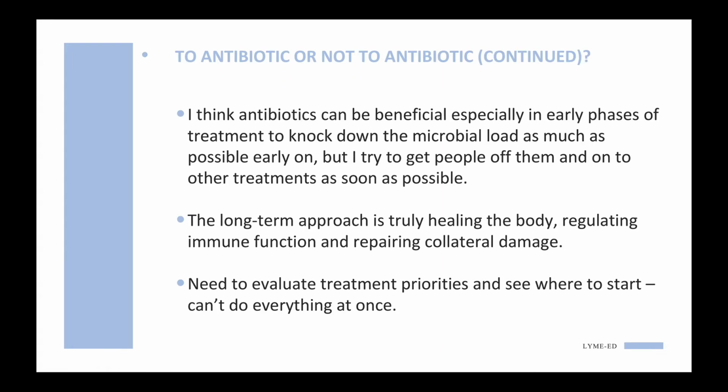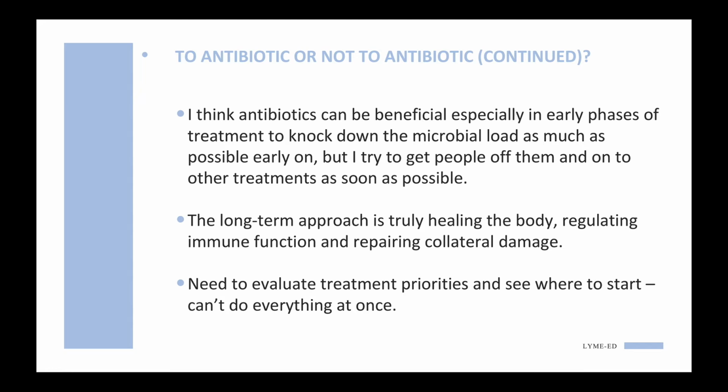I also think that antibiotics are more beneficial in the early phases of treatment. I'm not even saying in people with acute Lyme, because most of the time once patients get to us, they're already in the chronic stage. But in the earlier phases of their treatment journey, just try to knock down the microbial load as much as possible. But the key is to get people off them as soon as possible too, and have other treatments take over when their immune system's a little stronger and when their body's not dealing with such a bacterial load.